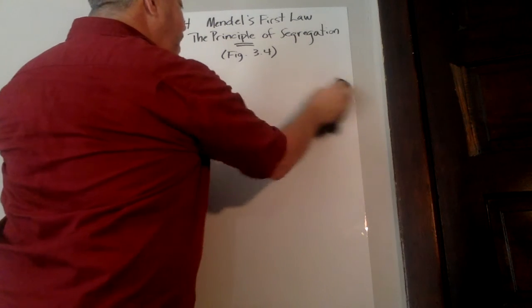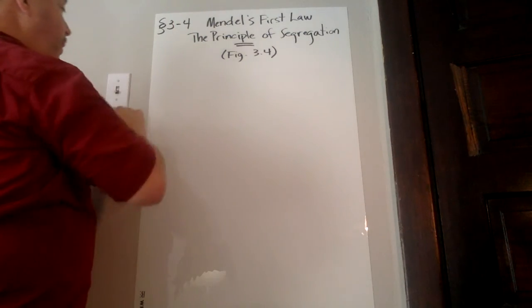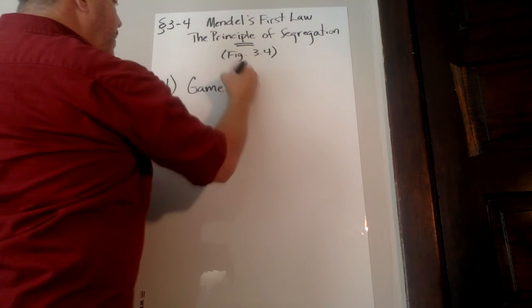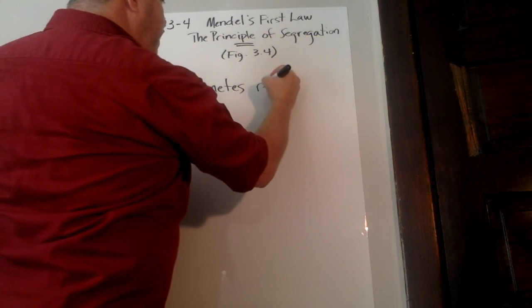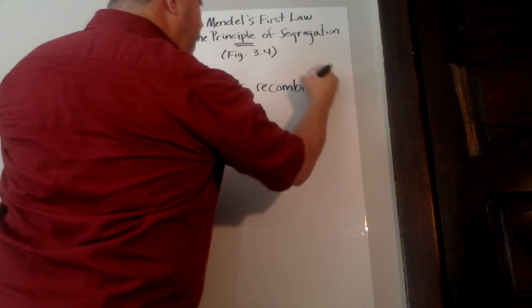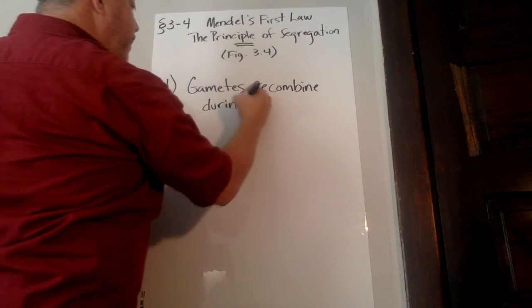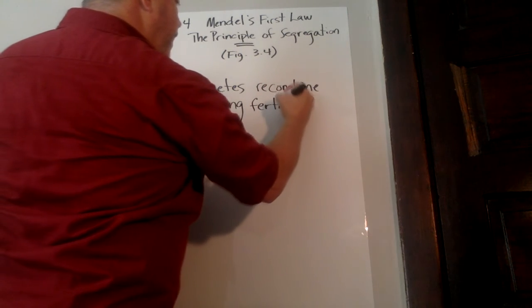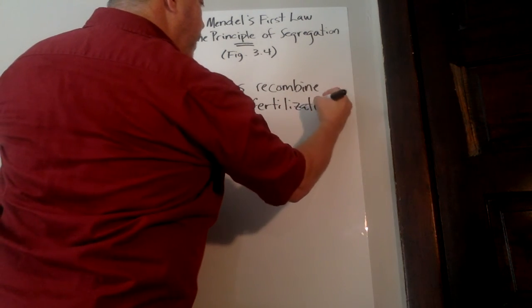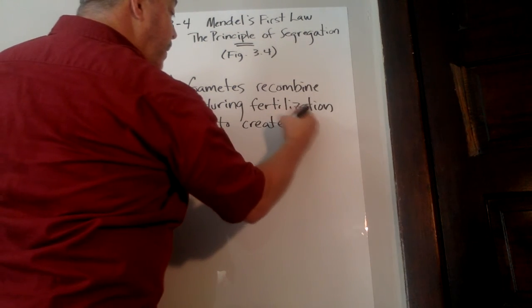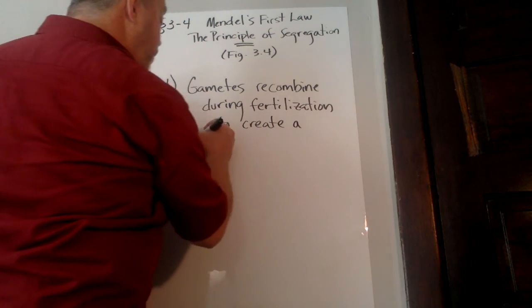So the last thing that he was able to surmise was gametes recombine during fertilization to create a new individual.